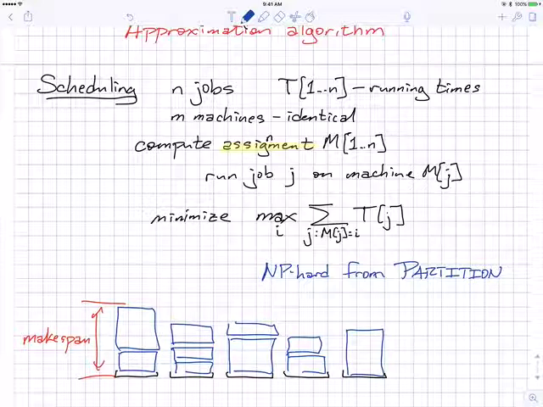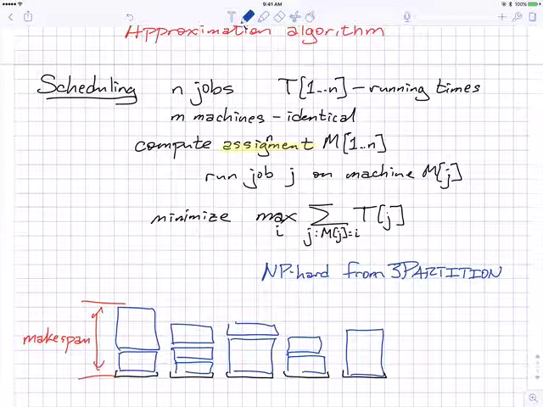If I'm even a little bit more careful, I can do an NP-hardness proof from 3-partition, which, if you hopefully remember, is not partitioning into 3 things, but rather partitioning into sets of size 3, where I want all of the sets to be the same.